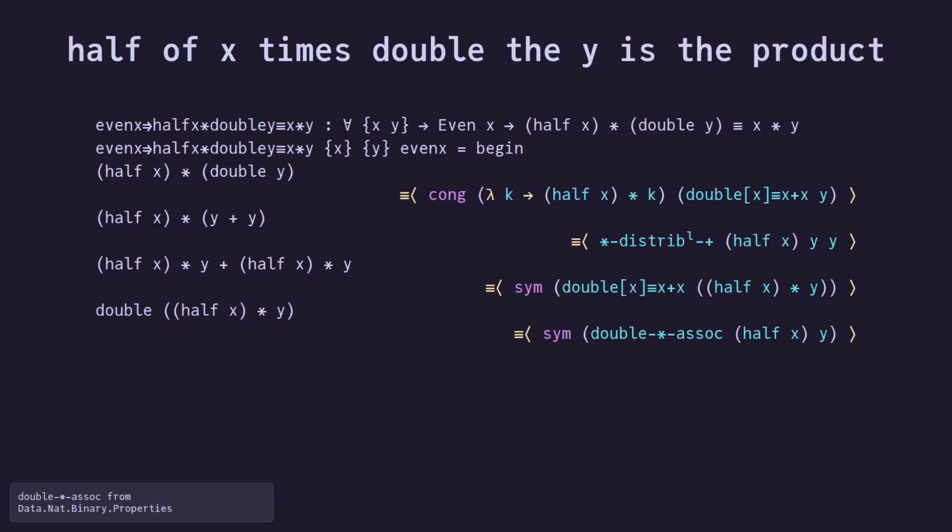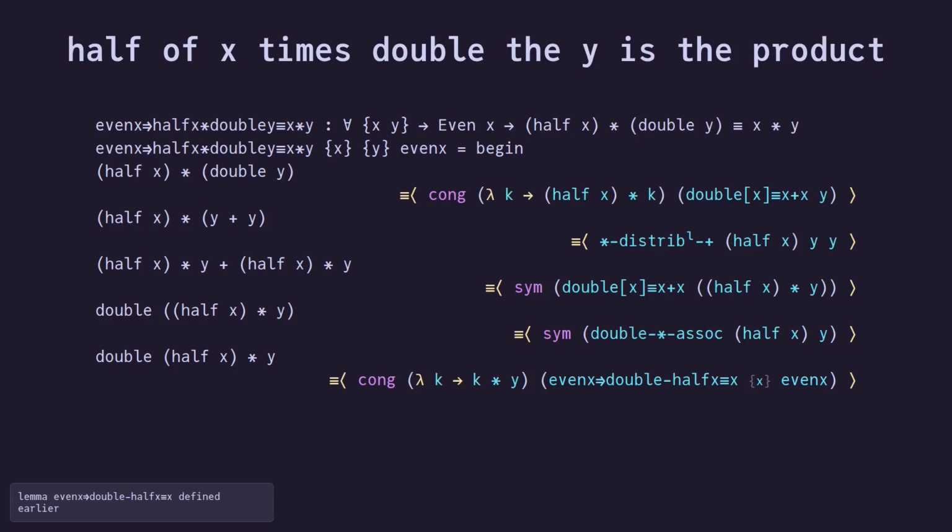Now there is another lemma in the standard library called double star rocq, which says that double of a into b is equal to double of a into b. We have seen earlier that if x is even, then doubling the half of x is the same as x.